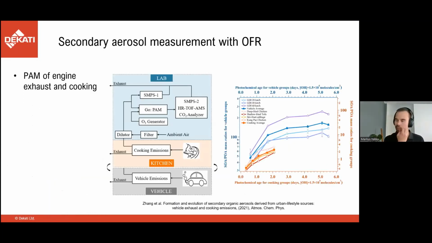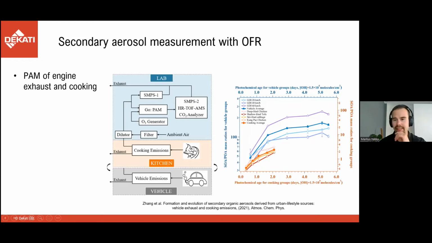Then a few examples that I found from different publications where OFRs are used. In this one there was an interesting combination of vehicle emissions and cooking emissions, but quite a similar setup for use in both cases. So we had dilution, the reactor and ozone generation, and then a number of different aerosol instruments, size distribution measurements, and aerosol mass spectrometers.